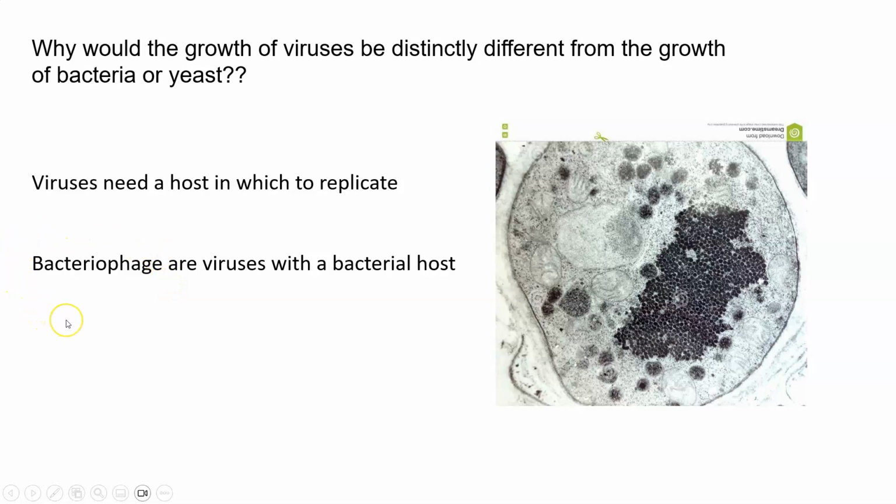And I'm doing that just for simplicity's sake. There's a lot we know about how animal viruses and plant viruses multiply, and there's a lot of variations on them, but they all use some similarity to how bacteriophage multiply in bacteria hosts. So that's where we're going to start in our discussion about how do viruses multiply.